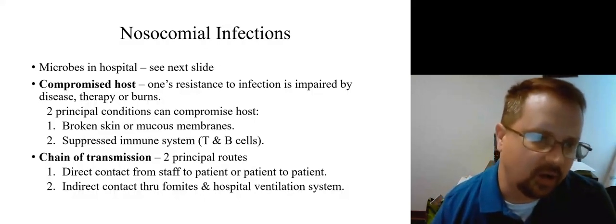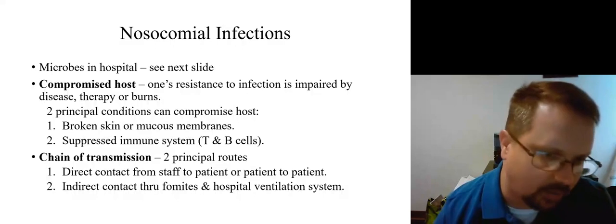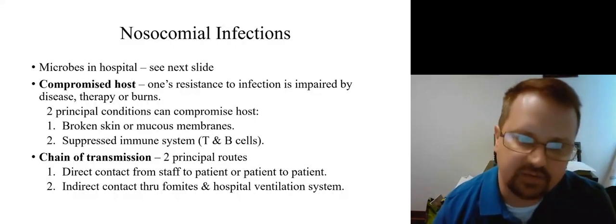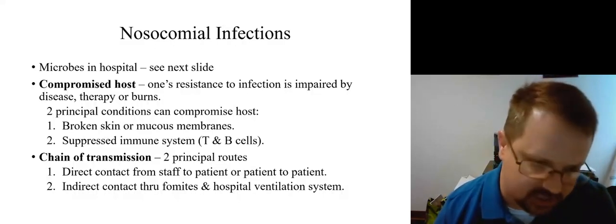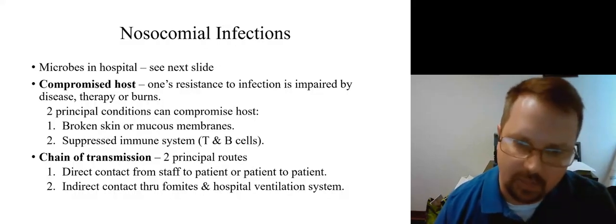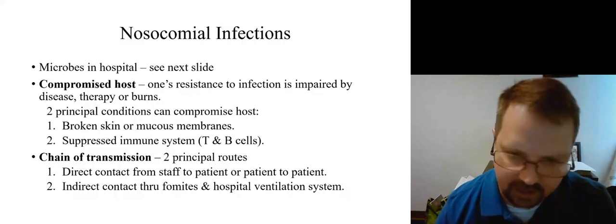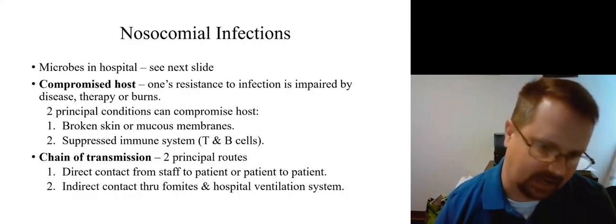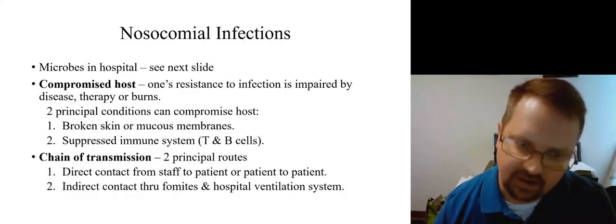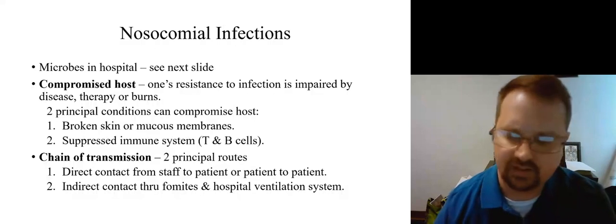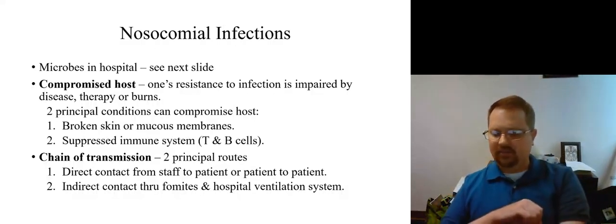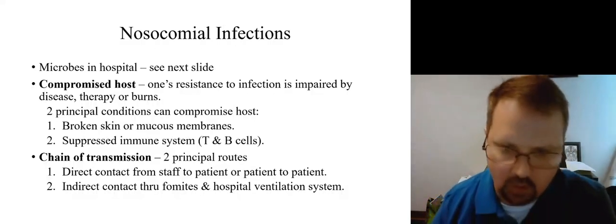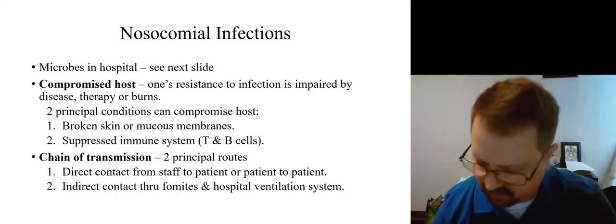There are two principal routes we call chain of transmission: direct contact from staff or patient to patient, or indirect through fomites or hospital systems, hospital ventilation. Like they were putting a tube in and it was infected, some kind of fomite, tools, things like that had something on it. Or it went through the ventilation system because there's staph on the walls and stuff like that.